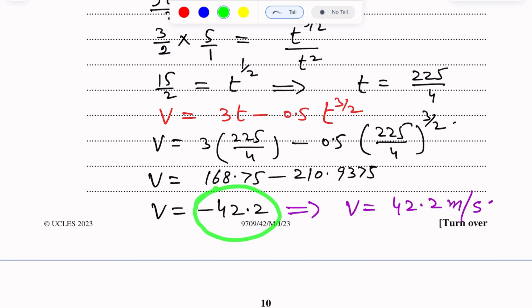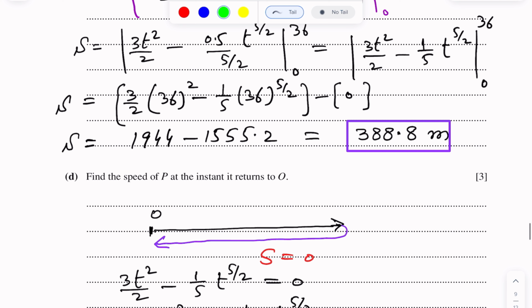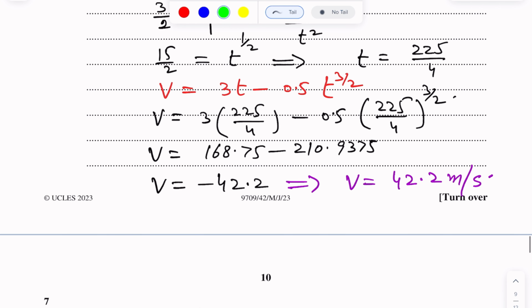This negative sign just shows the opposite direction of the particle. First the particle moves on this side, then on the opposite side. So the speed at this instant, 225 over 4, will be 42.2 meter per second.